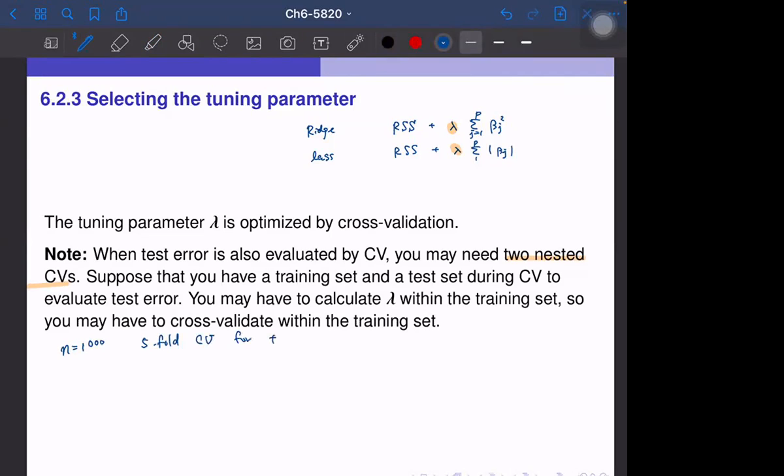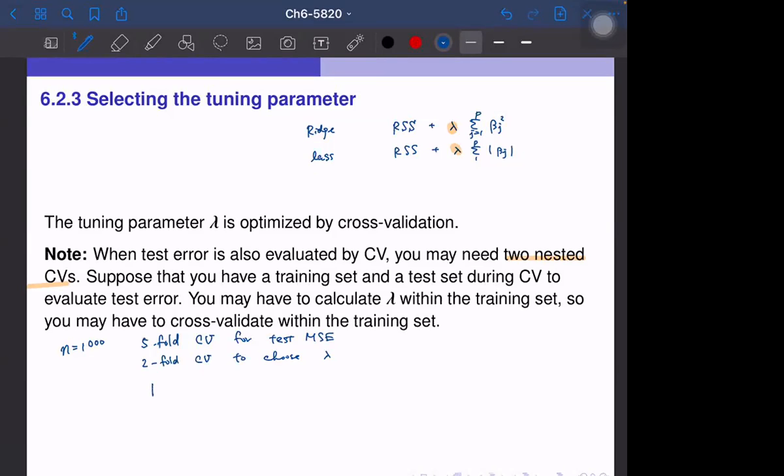For checking the test MSE, and possibly the 2-fold cross-validation to choose lambda, how do we do it? So, the 5-fold cross-validation for test MSE.